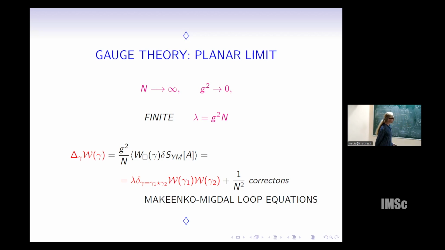There is a kind of Laplacian acting on the space of loops, such that if you apply it to the expectation value of a single Wilson loop, you'll get a distribution on the space of loops which is supported on self-intersecting loops. And the source of this equation will be the product of the expectations of the Wilson loops associated with the two halves.